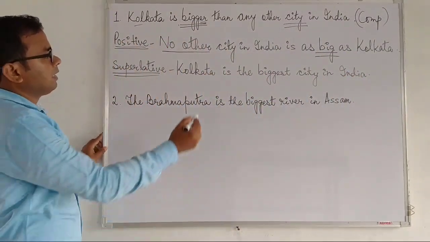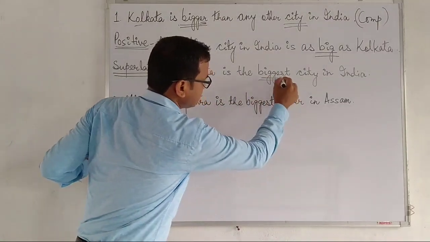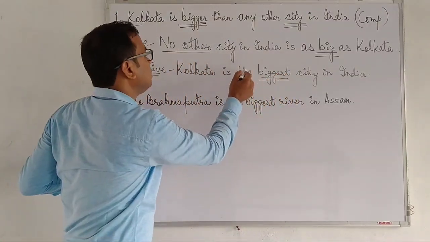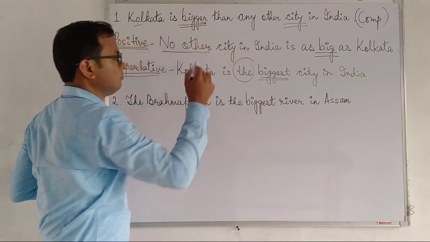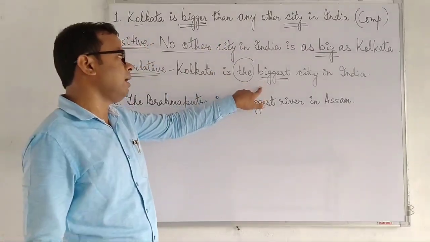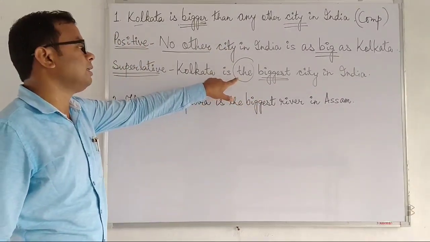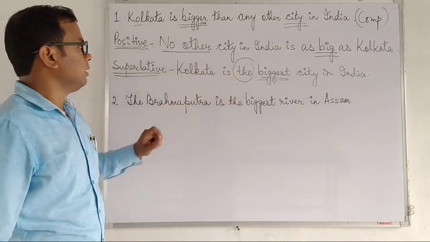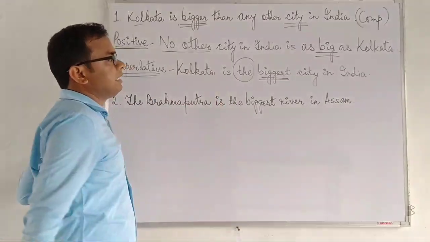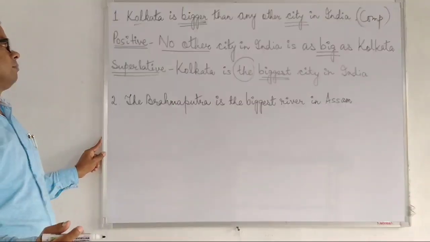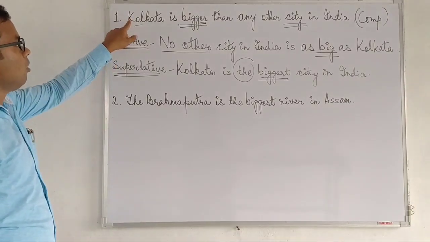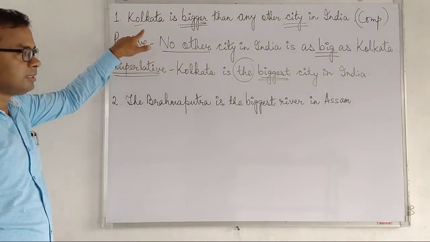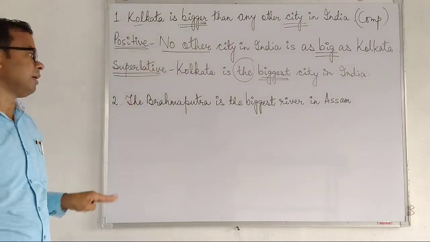So we have taken the superlative form of the adjective, biggest, and before that we need to use the article the. Before superlative degree, we need to use the article the. Then Kolkata is the biggest city in India. Now we have got all the three forms of the same sentence without changing the meaning.